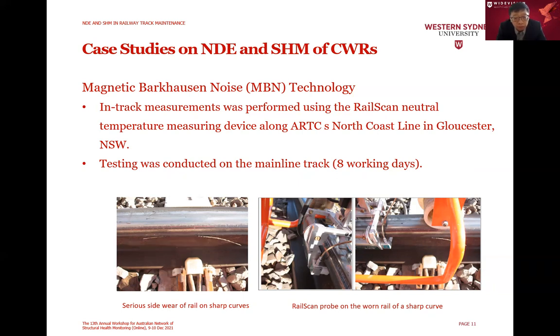On the sharp curves, for this case, we installed the Rail Scan probe on one rail of the sharp curve, and we did the testing on the mainline track over 8 working days to measure the neutral temperature. Of course, we got permission from the Australian Rail Track Corporation, ARTC, and the Transport Express Joint Venture, TEGV, to perform in-track measurements using the Rail Scan and neutral temperature measurement device.